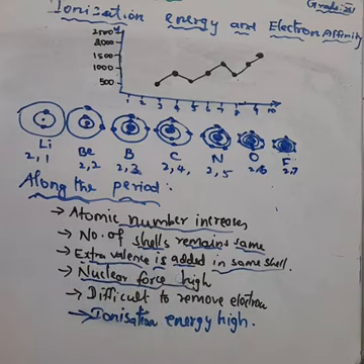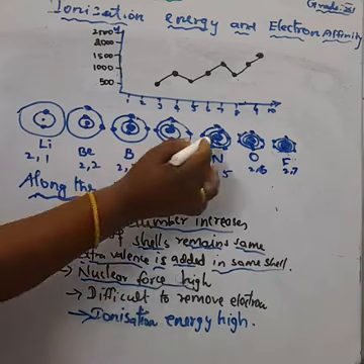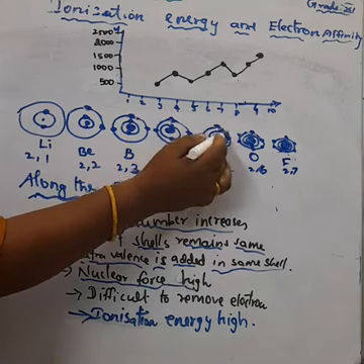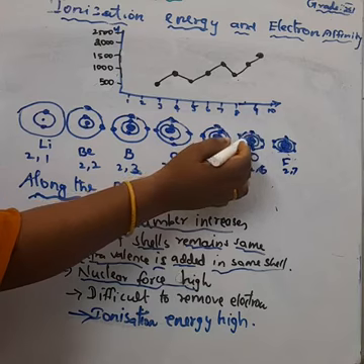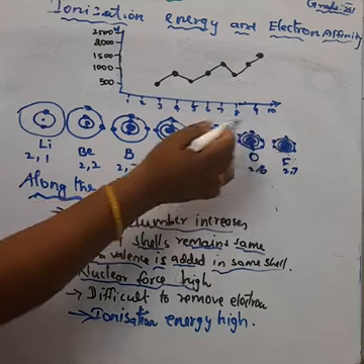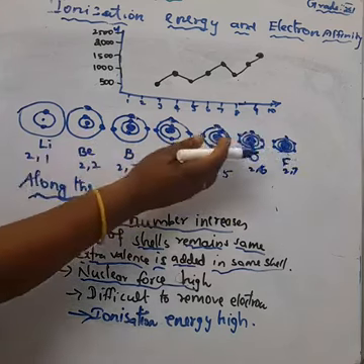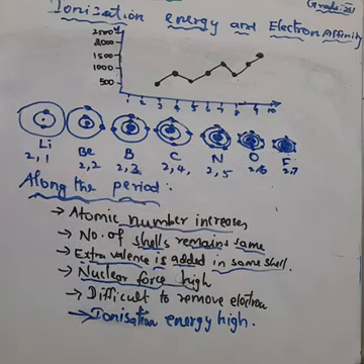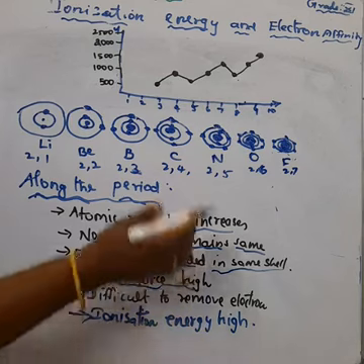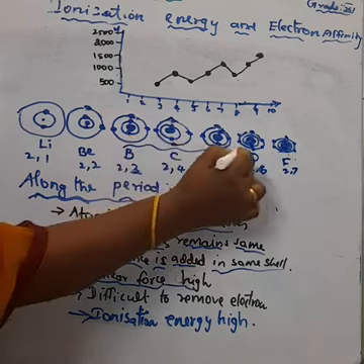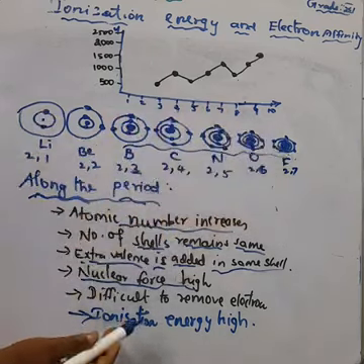The increased nuclear charge increases the electrostatic force of attraction on the valence electrons. It tends to pull the outermost shell closer to the nucleus. We already studied this in the atomic radius topic. Hence, the atomic size decreases.